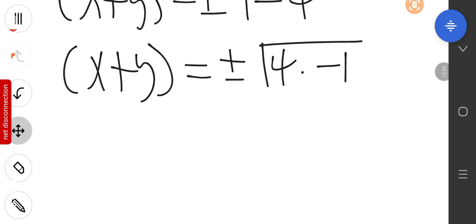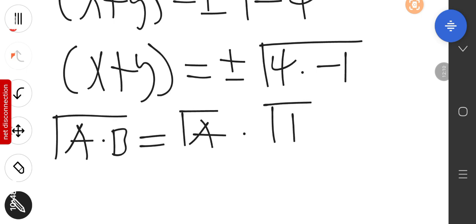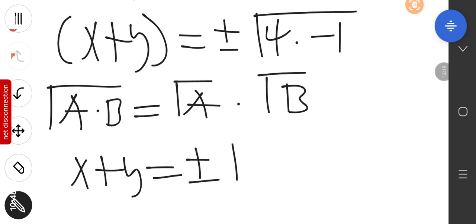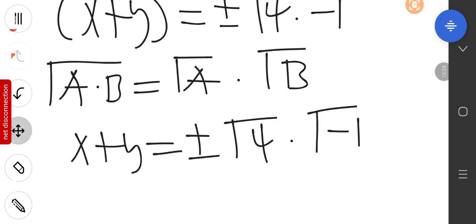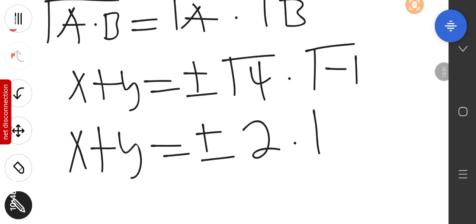So let's apply surds here. If you have the square root of a times b, this equals the square root of a times the square root of b. So x plus y equals plus or minus the square root of 4 times the square root of minus 1, where the square root of 4 is 2.